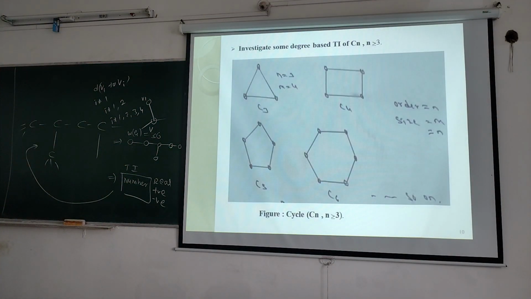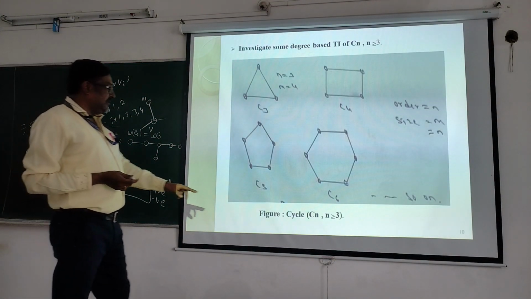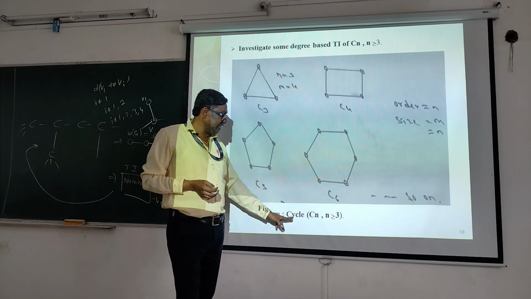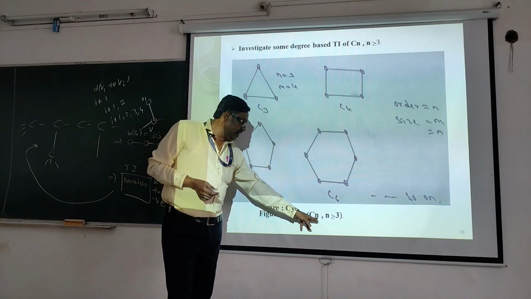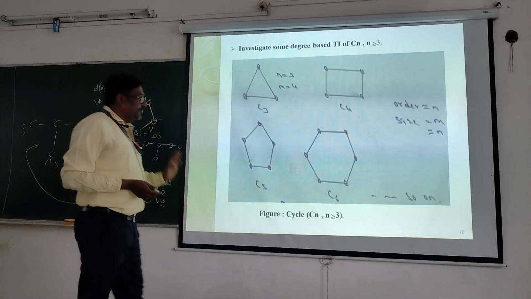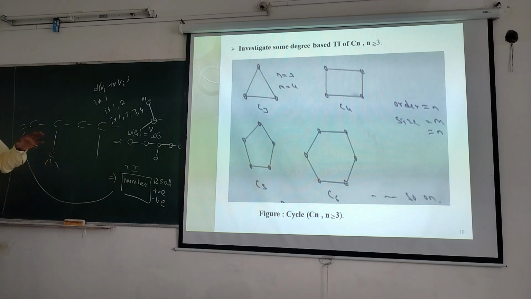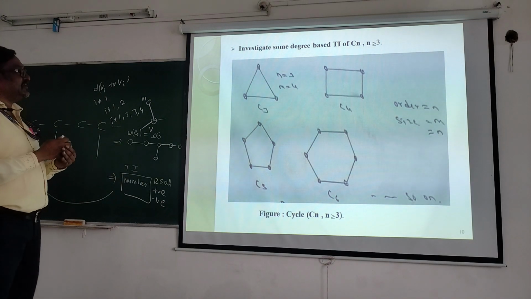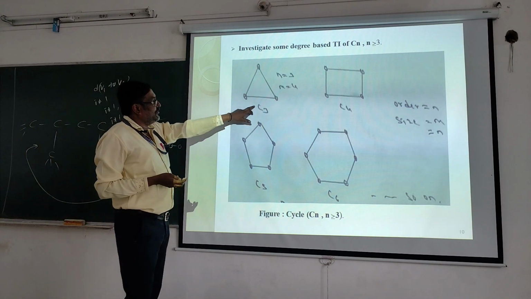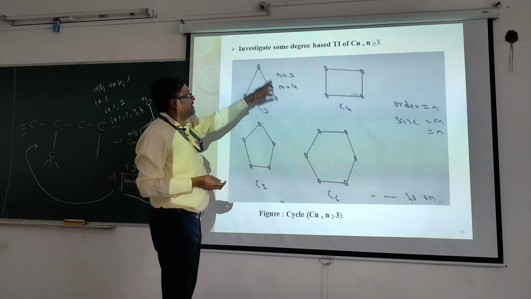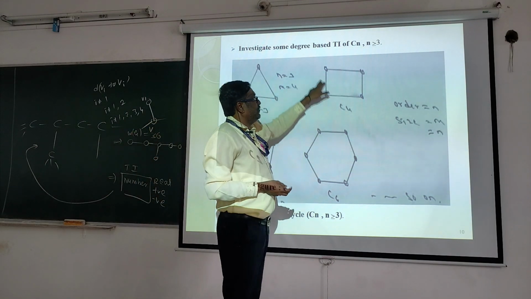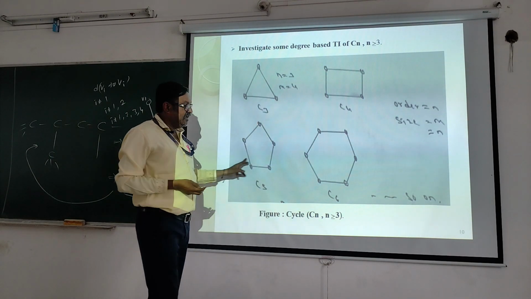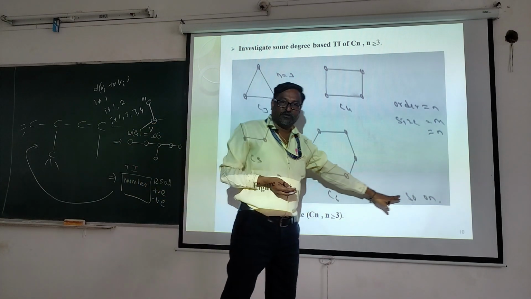Now, here I have taken a simple graph, the cycle graph Cn, where n is greater than or equal to 3. So when n is greater than or equal to 3, it is a large graph. Here C3 has 3 vertices, C4 has 4 vertices, then C5, C6 and so on.